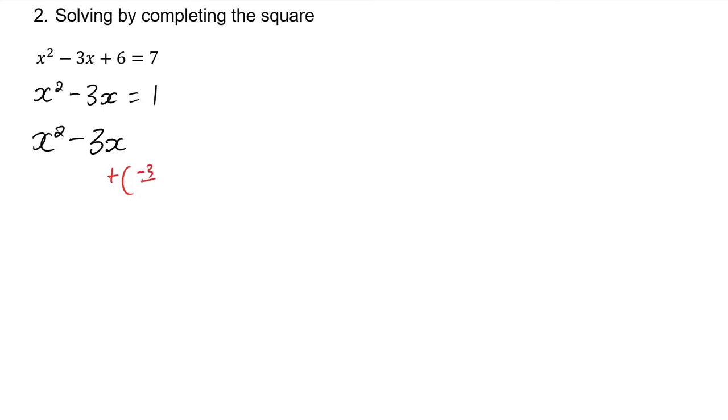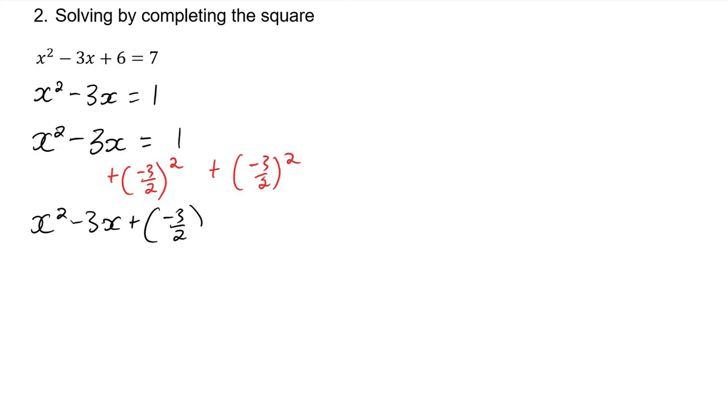which would be negative 3 over 2, squared to the left-hand side, and then I must also do it to the right-hand side. On the left, you're best off keeping it as negative 3 over 2 all squared. On the right, we can do the square.